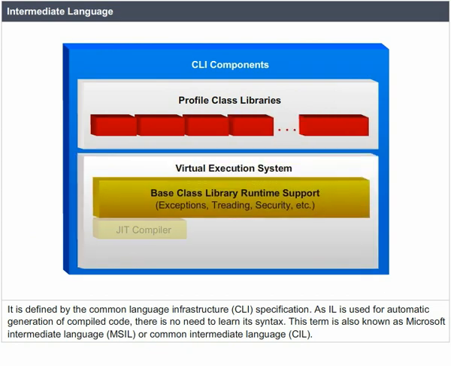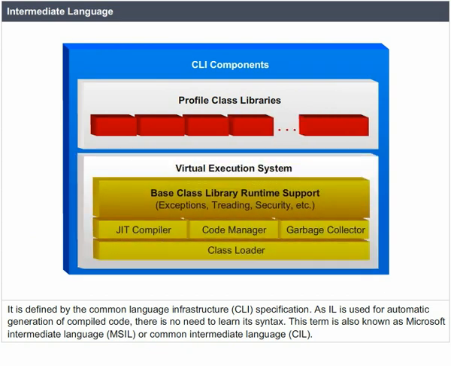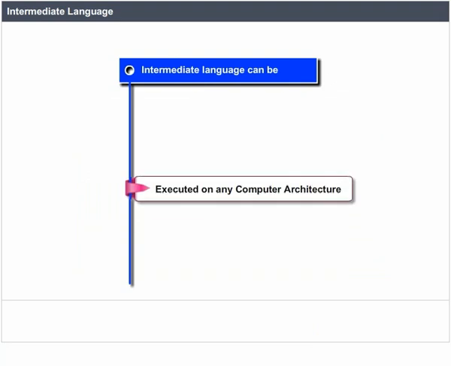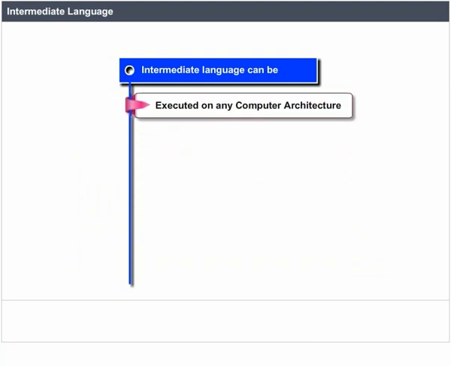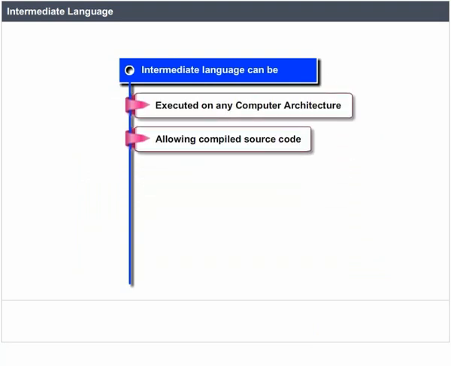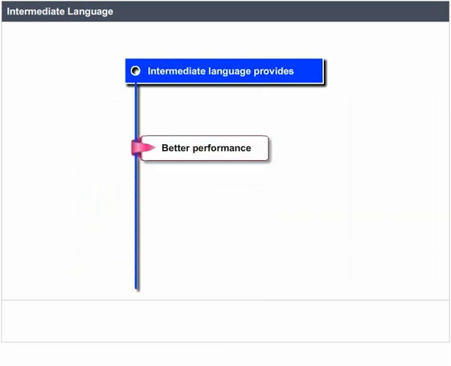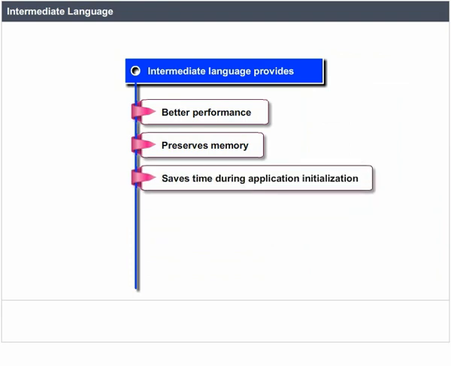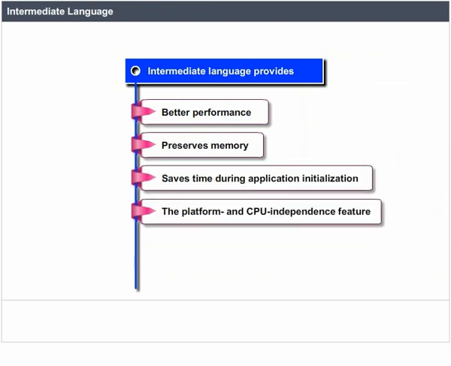As IL is used for automatic generation of compiled code, there is no need to learn its syntax. This term is also known as Microsoft Intermediate Language (MSIL) or Common Intermediate Language (CIL). Intermediate language can be executed on any computer architecture that supports the CLI specification. Intermediate language provides better performance, preserves memory, saves time during application initialization, and offers platform and CPU independence.